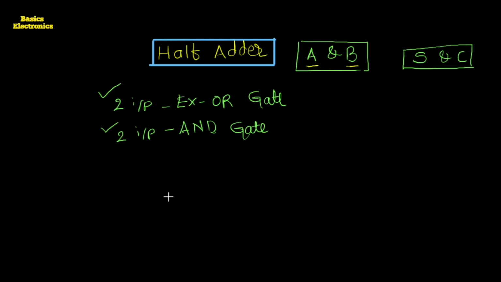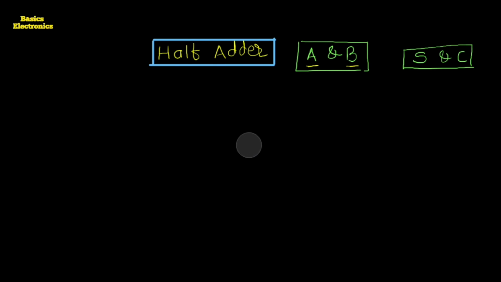The first gate is the XOR gate and the other gate is the AND gate.